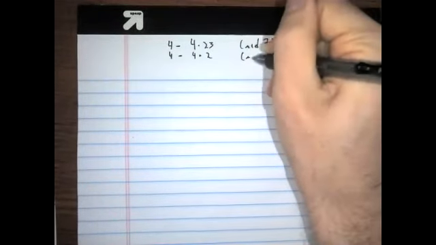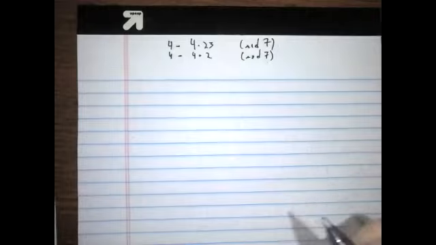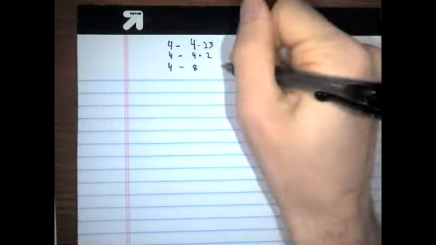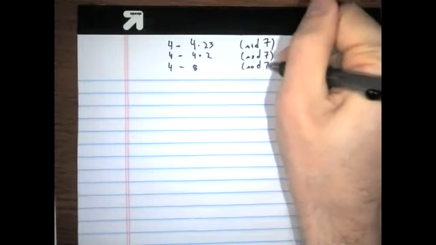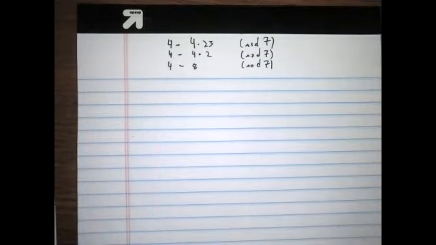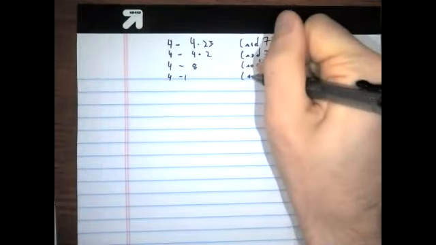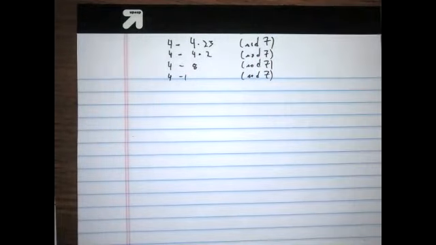So this is the same thing as 4 minus 4 times 2 mod 7. And this is the same thing as 4 minus 8 mod 7. But what is 8 mod 7? 1. So this is 4 minus 1 mod 7, which is 3.